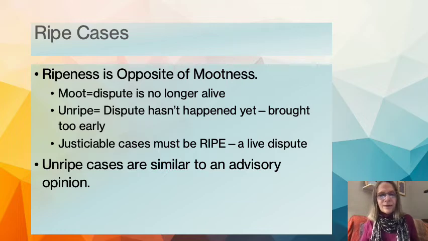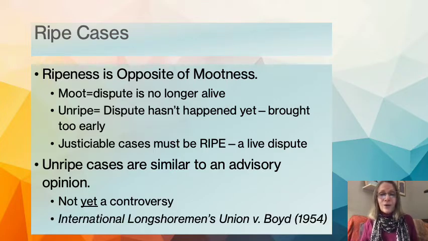Now, unripe cases are similar to advisory opinions because it's sort of like, ooh, there's a law on the books, and we think somebody's going to be harmed by it, but they haven't yet. It's not a live controversy, but we want you to rule on it. But the court says, just like with advisory opinions, we're not going to rule on an unripe case because it's not yet a controversy.